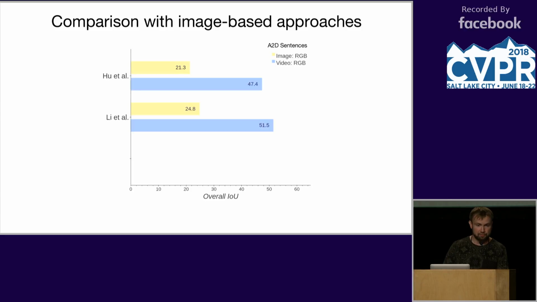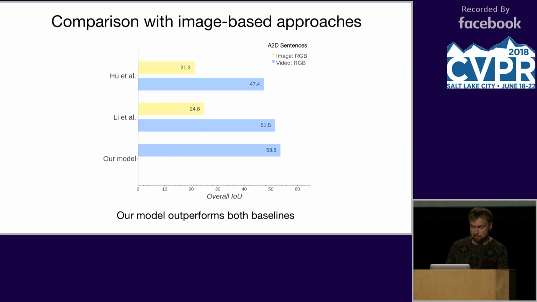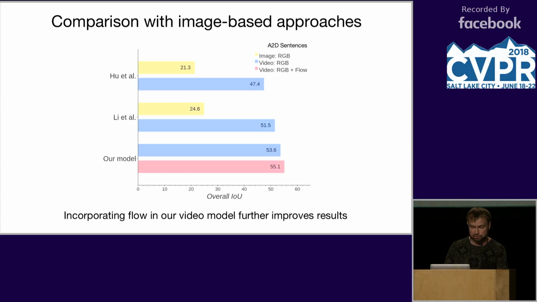We also fine-tuned them, and we saw a large increase in performance. The main explanation is that in images they don't have an understanding of actions, while with fine-tuning we make them understand actions better. In our model, we further increase results with RGB only as input, and with flow our results are even better.